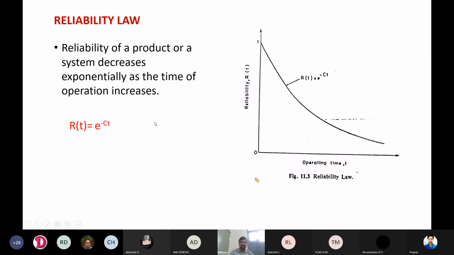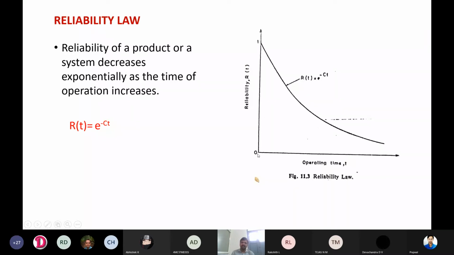If the period of usage of a product is more, then its reliability will be less. That is stated by this law. That is denoted by this curve.